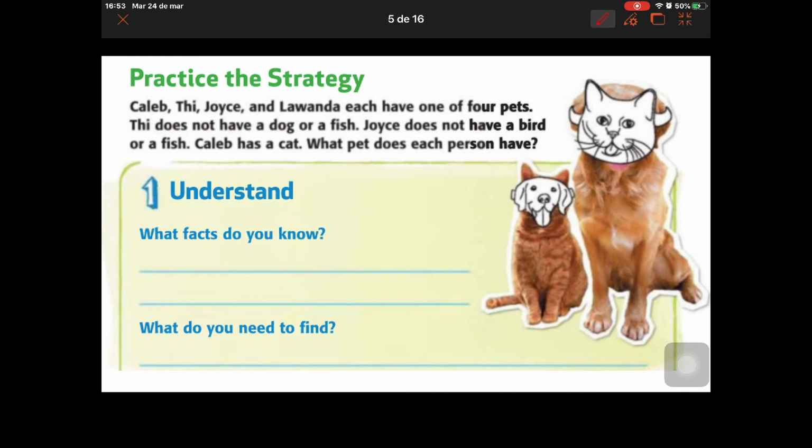What facts do you know? We know that some people have some pets and some people don't. We know that Caleb has a cat, right? And what else do we know?